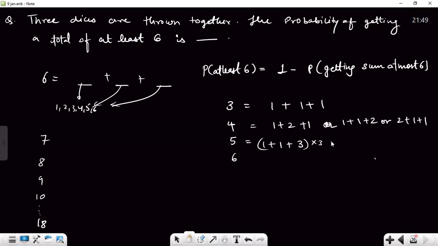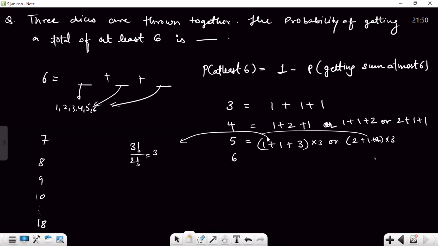Or it can be made by 2 plus 1 plus 2. It's 3 arrangements. We can find the number of arrangements by 3 factorial, 3 numbers, 3 places, but one number is repeated twice. So that's why 3 arrangements for this one also. That's how we find it.